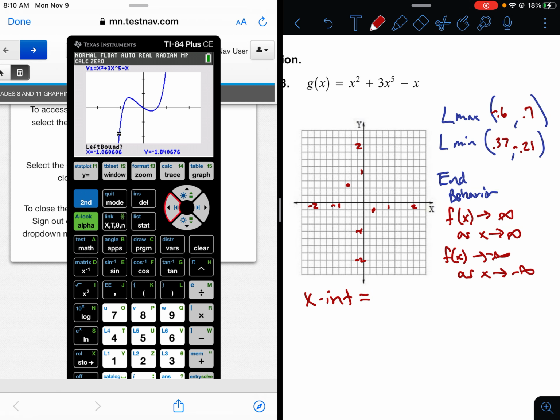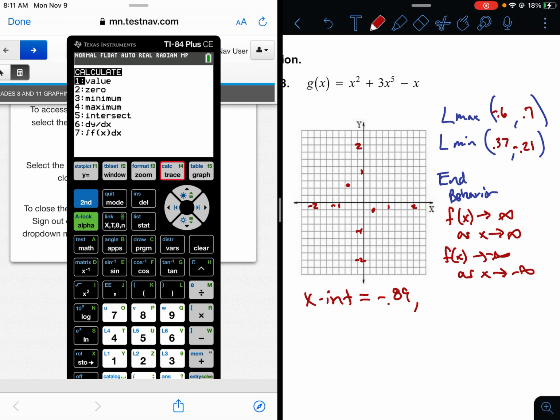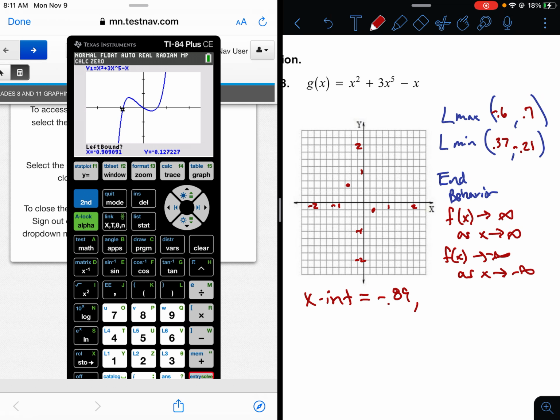And so just like the max and min, here's my x-intercept right there. So I want to place it a little bit left of that and then a little bit right of it. And so I have an x-intercept of negative 0.89. I'm just going to put commas. And then second, I have another one. Looks like it goes right through 0, 0, but let's check.